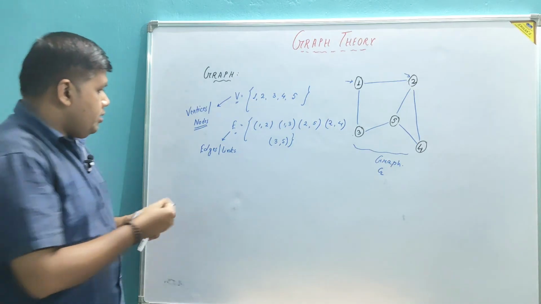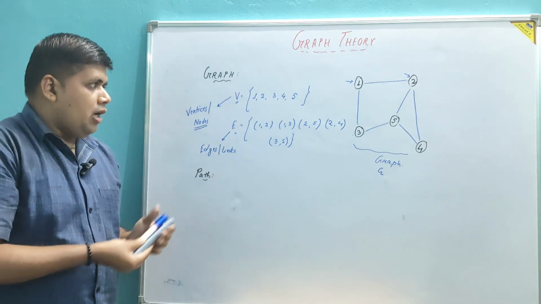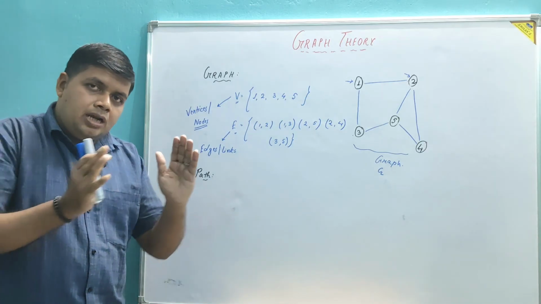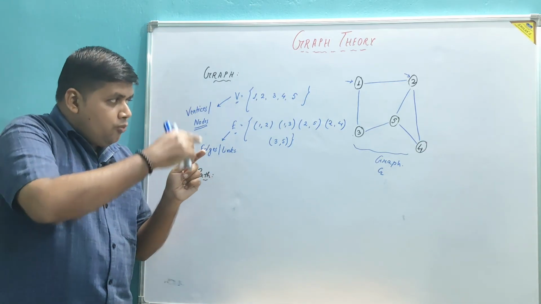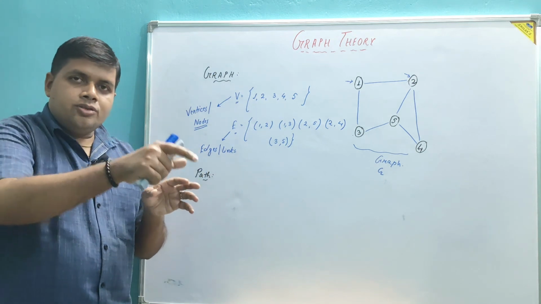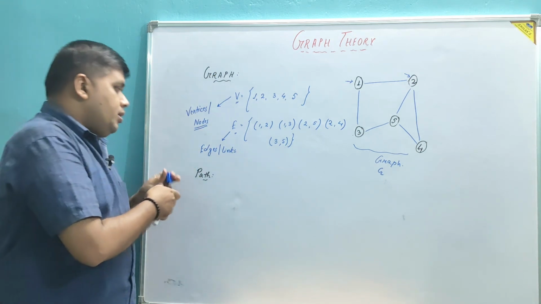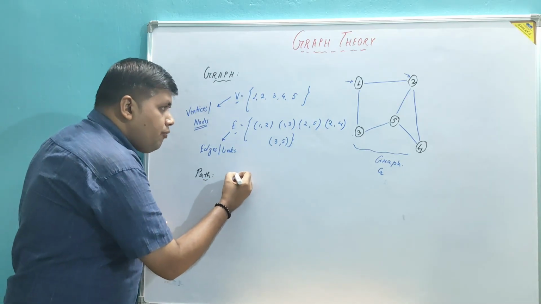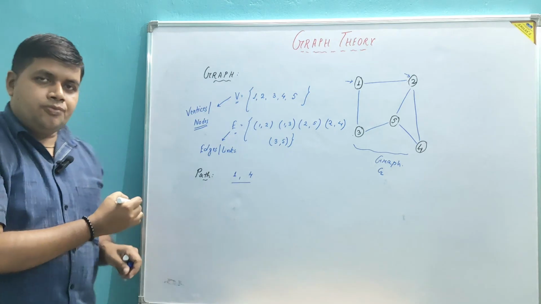The next term is path. What does a path mean in case of a graph? Adjacent vertex means they should be close to one another, but path means the way through which we can move from one vertex to another vertex. For example, suppose the path from 1 to 4.